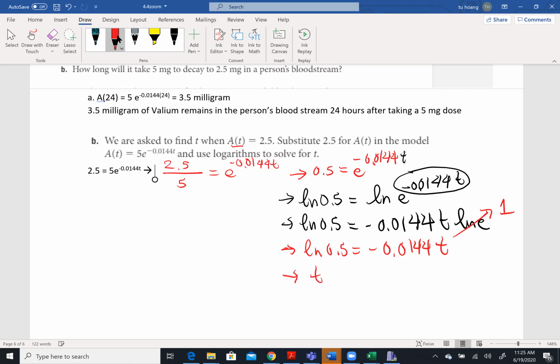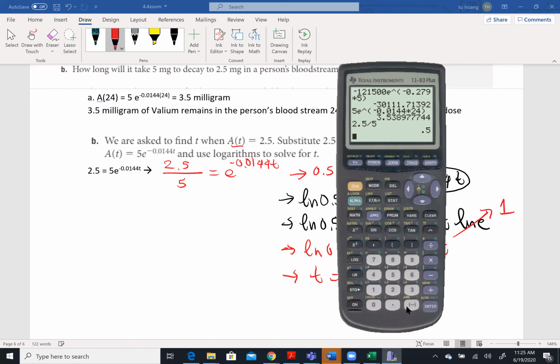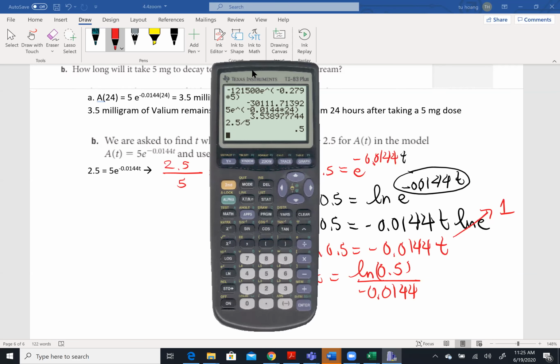So t equals ln of 0.5 over negative 0.0144. In order to do that, you need to use a calculator. So you have ln of 0.5 divided by parenthesis with a negative 0.0144, close the parentheses and enter.